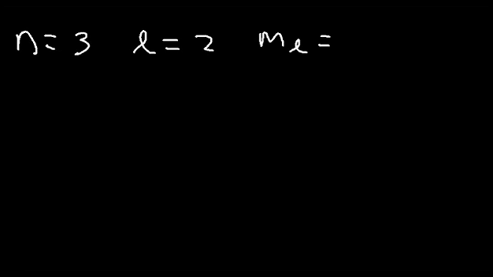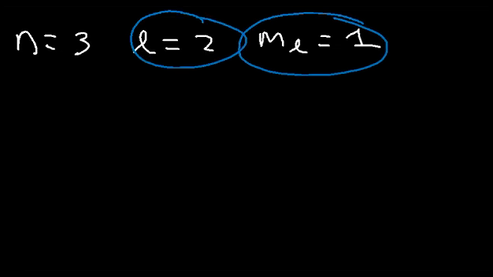Now, how many electrons can have the following 3 quantum numbers? Let's say when n is 3, l is 2, and when ml is 1. Now, since we have a specific type of orbital within the sublevel, the answer has to be 2, because this identifies only one box out of the 5 boxes that are in the d sublevel, and you can only have 2 electrons in a given orbital.